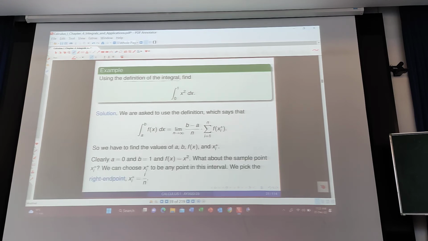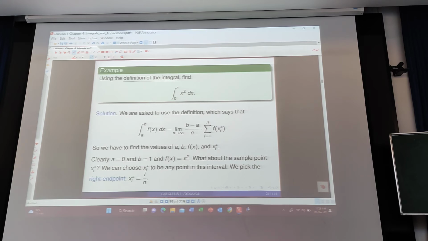So here we choose any point, but it's better to do the same thing for all, which means that we take right end point. Ta chia cái đoạn 0 1 này ra thành n phần, thì cái bên phải của phần thứ nhất là 1/n, phần thứ hai là 2/n, phần thứ ba là 3/n, phần thứ n là n/n, tức là 1.